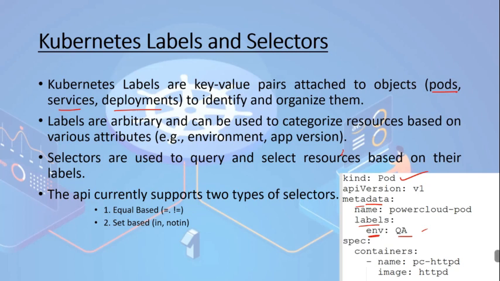The only difference between label and selector is that we provide the label in the pod or service, but the selector means we filter from the labels. Selectors are used to query and select resources based on their labels. The API currently supports two types of selectors: equality-based and set-based.